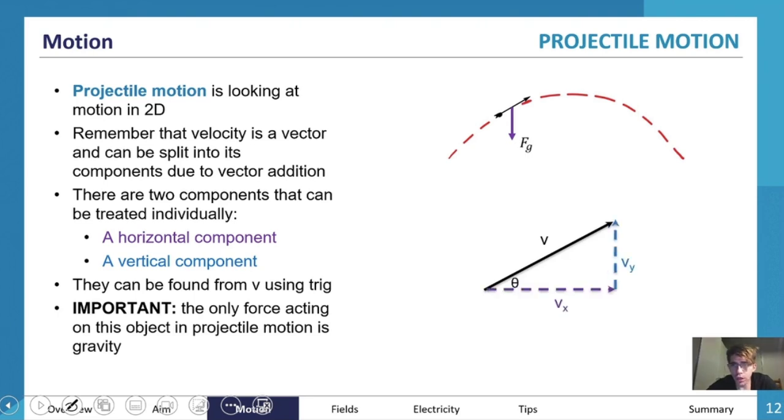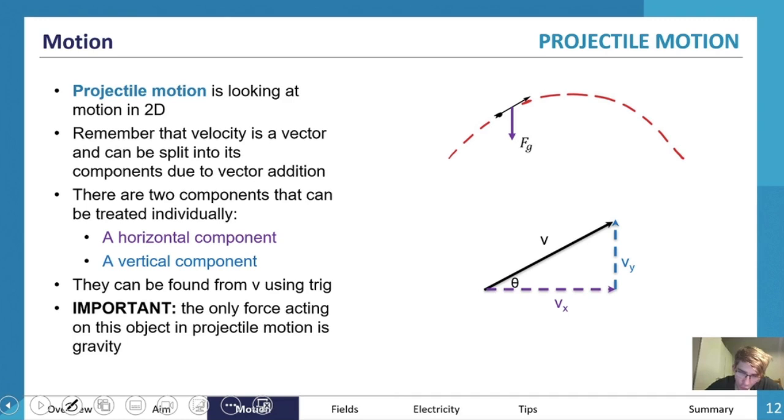Now, usually SUVAT formulas are super helpful when we're dealing with projectile motion. And most of the time, VCAA will actually test your understanding of the difference between constant acceleration formulas and no acceleration formulas by giving you a question about projectile motion.